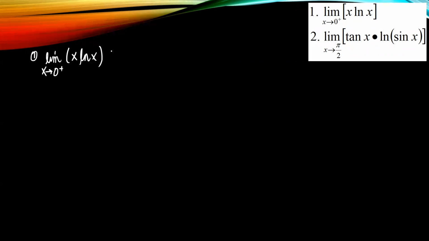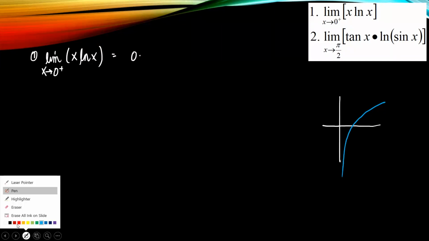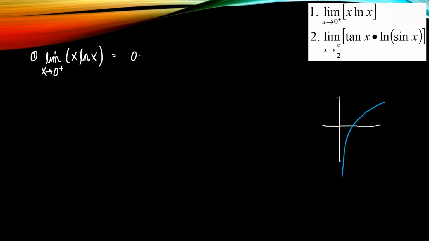So this one would be 0 times ln. You have to remember, guys, that the curve of ln is like this, if you can still recall. What you'll notice with ln is that it does not have any graph on the negative side.